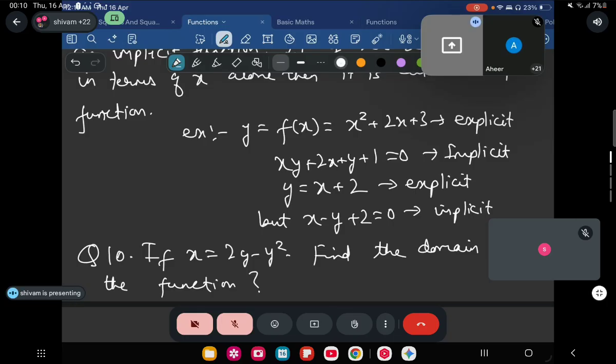Yashnika, right answer. Adrito, your answer is correct. Abhipsha, your answer is correct. Shubhangi, your answer is correct. Okay, so we can start.